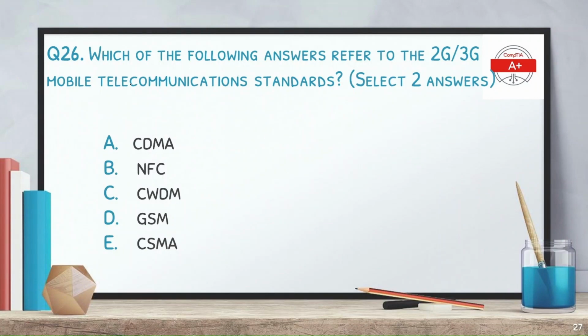Question number 26 is that which of the following answers refers to the 2G/3G mobile telecommunication standards? We have to select two answers. The options are A, CDMA, B, NFC, C, CWDM, D, GSM, and E, CSMA. And the correct options are the CDMA and the GSM.